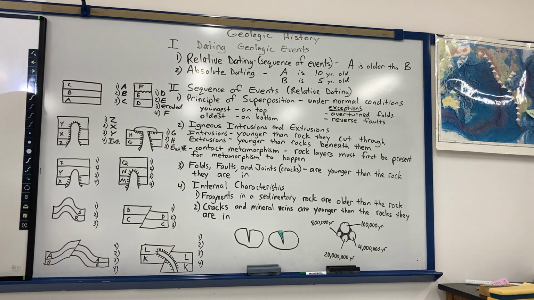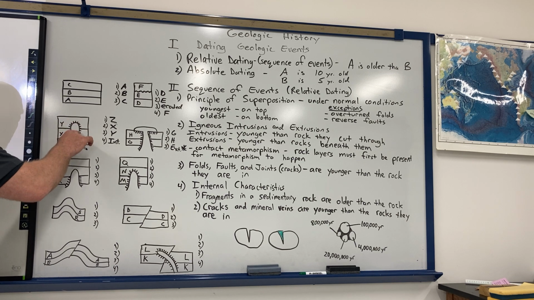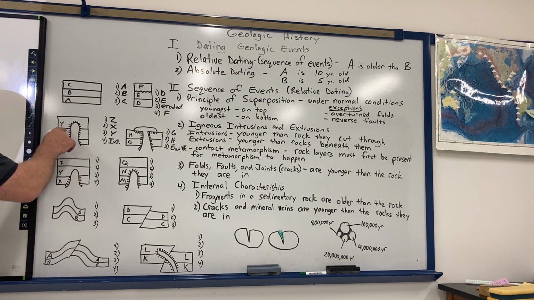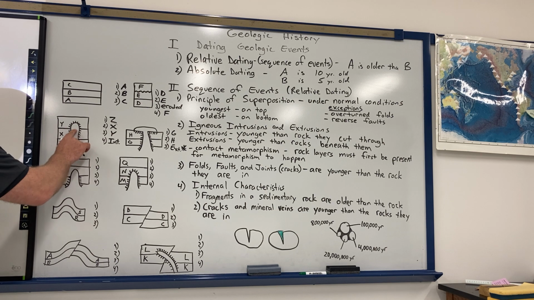Now, a lot of times on diagrams, contact metamorphism is represented by that kind of hairy symbol right there. For this diagram here, I know that X, Y, and Z all had to exist before this guy here came in because there's contact metamorphism all the way around.